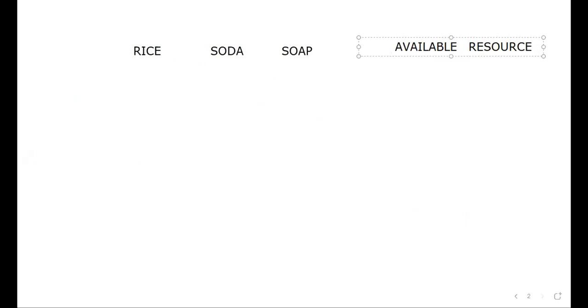But this is a linear programming formula that I'm using here.